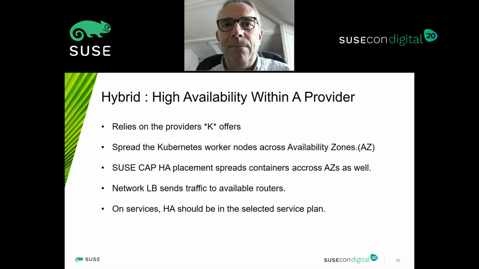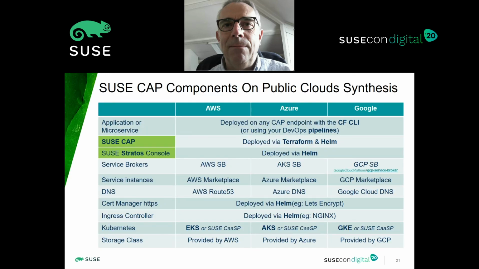So to synthesize our SUSE CAP components on the various public clouds, here is the table. First we have SUSE CAP itself, which can be deployed on any of these public clouds through Terraform and Helm. The Stratos console will be deployed through Helm as well.